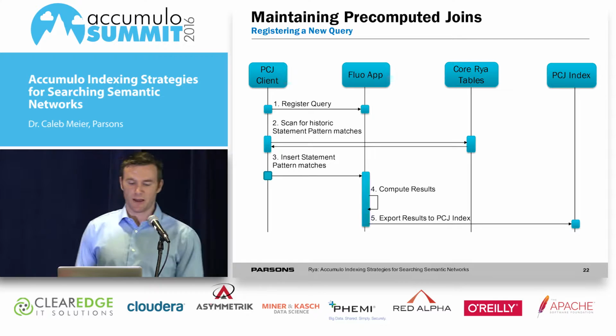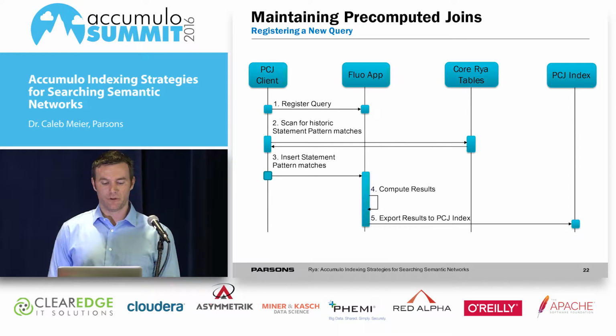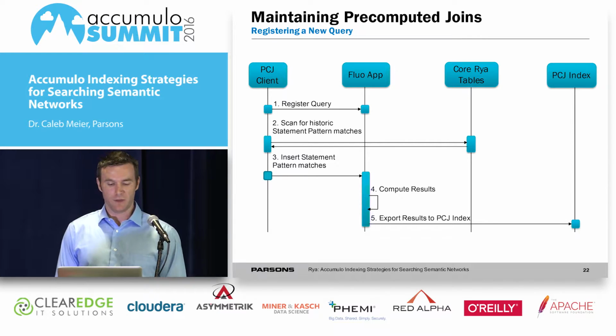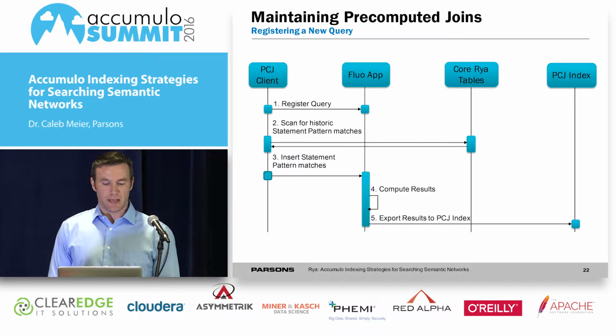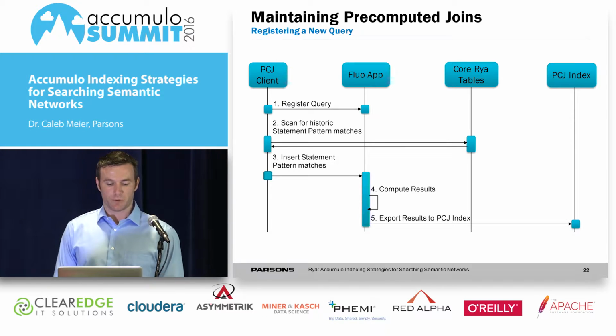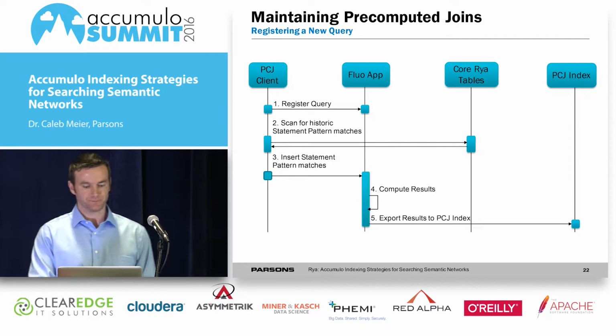So this is just a sequence diagram that further illustrates the layout. You register your query, you then scan the core RIA tables for historic results, and then you insert those statement pattern matches into the Fluo application. Those results then percolate up. As they come out of the top, they get exported to the precomputed join index.